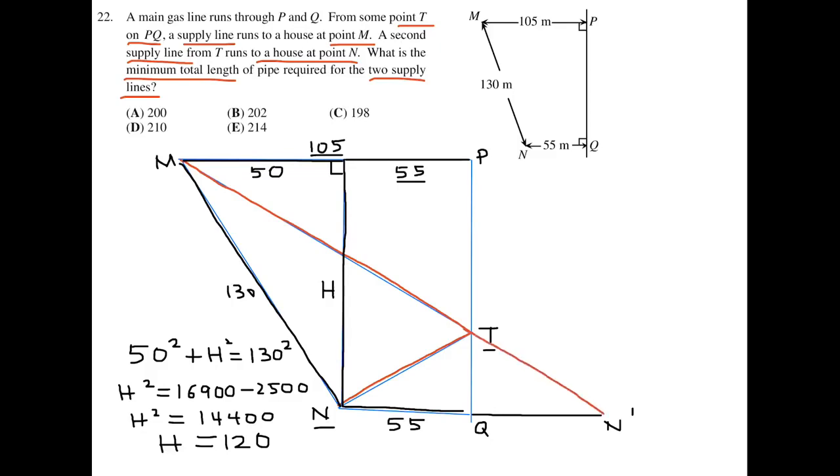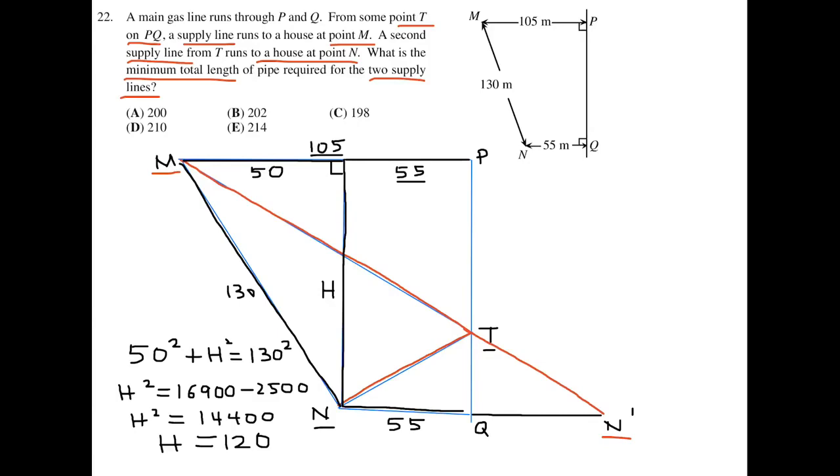And if we do that, then the shortest distance between M and N reflection will be our answer. It'll be the shortest or minimum length of the pipe required. Does that make sense? That's basically the quickest way of doing this.